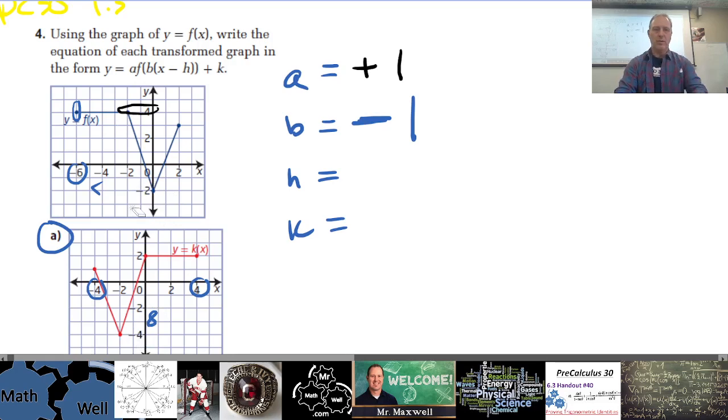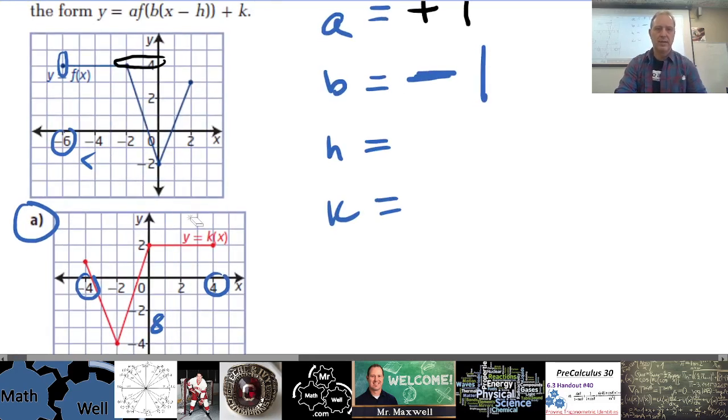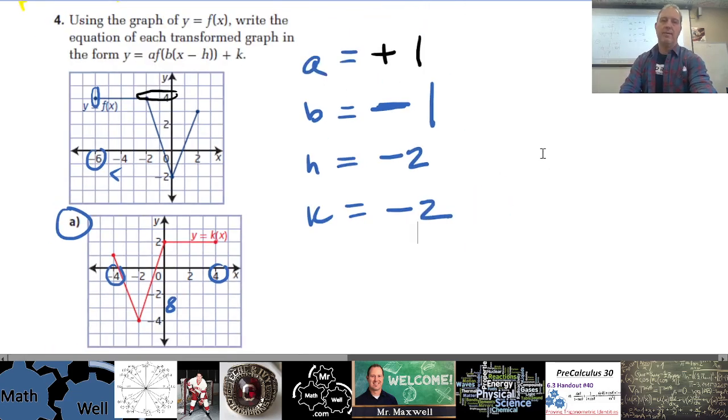Well, we have to go left 2 units, looks like, right? From here, left 2 units, and then down 2 units. Everybody see that? So H, I'm going to be moving things to the left 2 units, and K is going to be down 2 units. So those are the actual values for H and K.